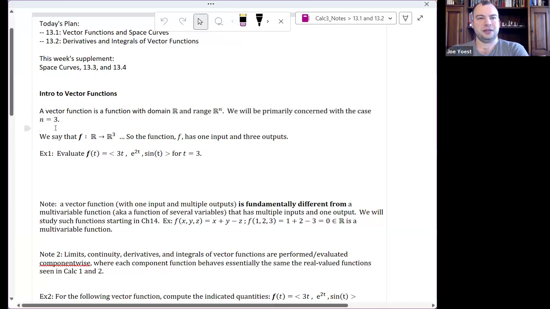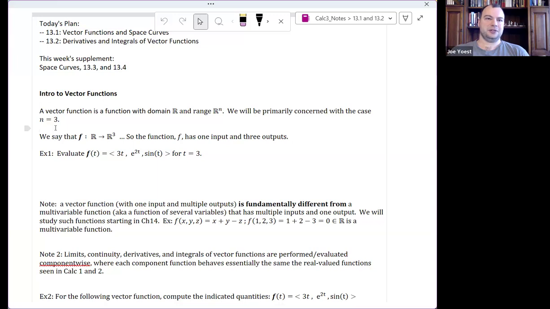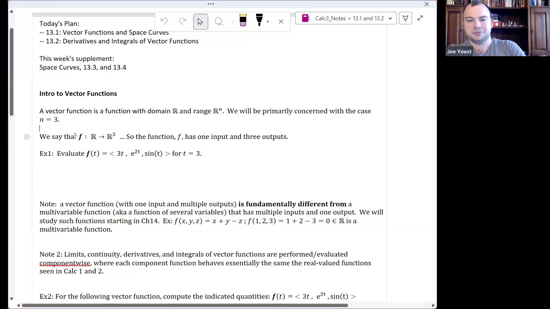So we're thinking of taking one variable as input and then getting an output that is an ordered set of three variables. So we might write this in a different notation as saying the function f, which we're writing in bold now because we're thinking of it as a vector, takes R to R3.